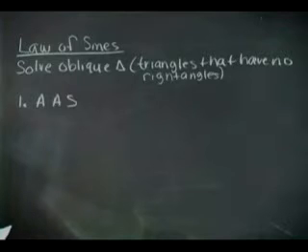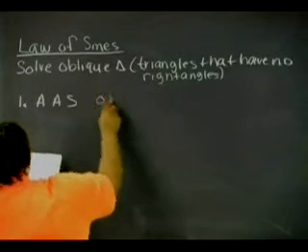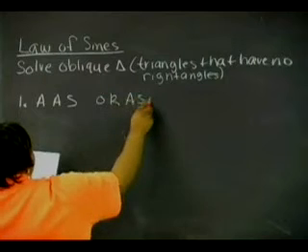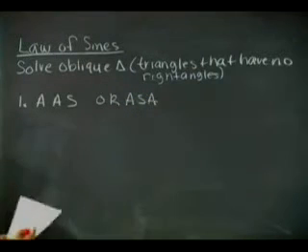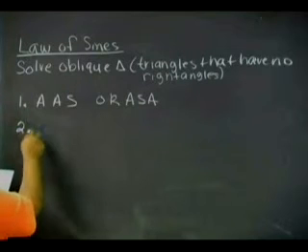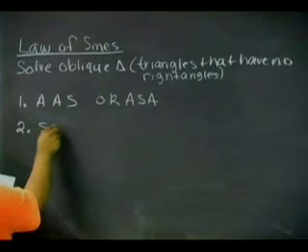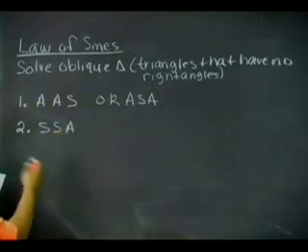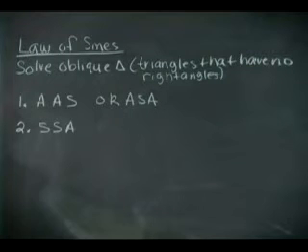If we're given 2 angles and a side, or angle, side, angle, so 2 angles with an included side, that's the first situation. The second situation is if we're given side, side, angle, so 2 sides with an angle opposite. We're going to look at these 2 situations in dealing with the law of sines.